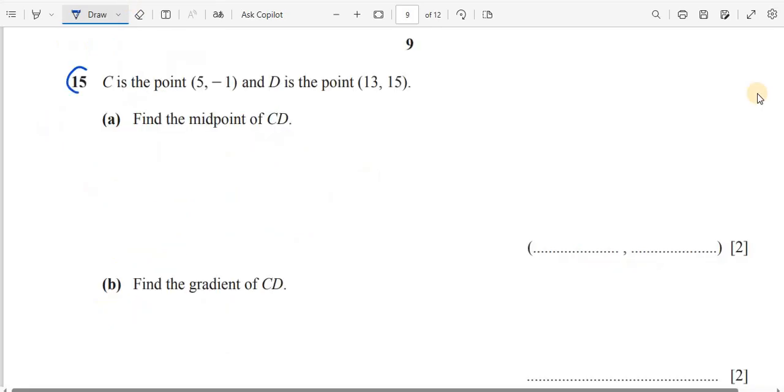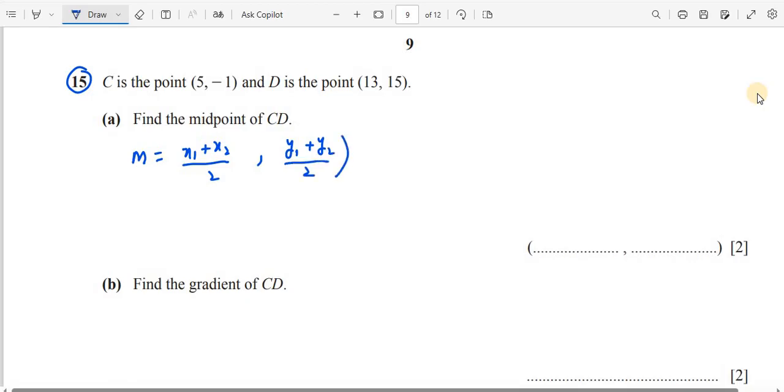Question number 15. C is the point 5, minus 1 and D is the point 13 and 15. Find the midpoint. To find the midpoint we use the formula: m is equal to x1 plus x2 over 2 and y1 plus y2 over 2.